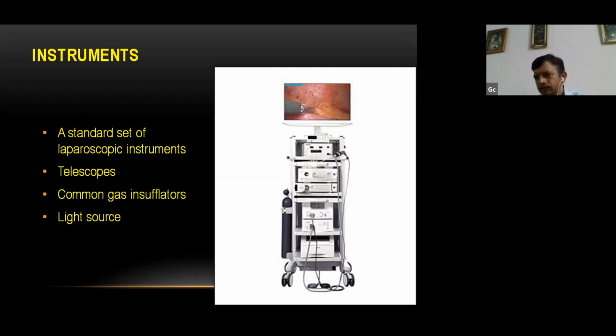Usually this is a small space, so it requires a lesser amount of gas. But because of this small space, we need continuous irrigation, or continuous flow of air or gas, in that space.